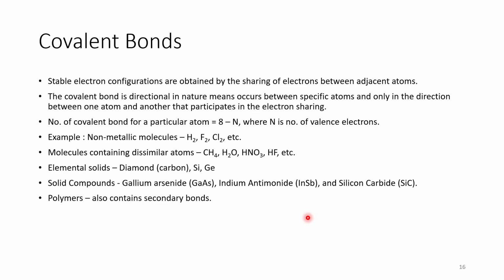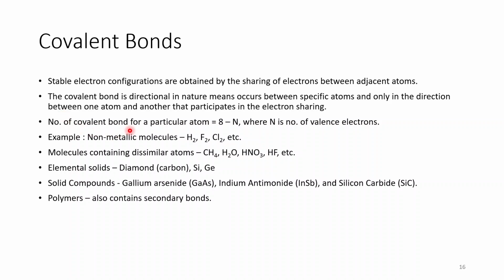The second type of bonding is covalent bonding. Stable electron configurations are obtained by the sharing of electrons between adjacent atoms. The covalent bond is directional in nature, meaning it occurs between specific atoms and only in the direction between one atom and another that participates in the electron sharing.